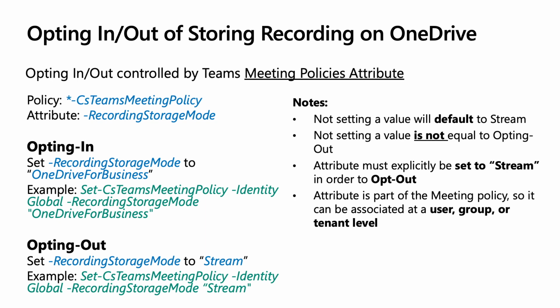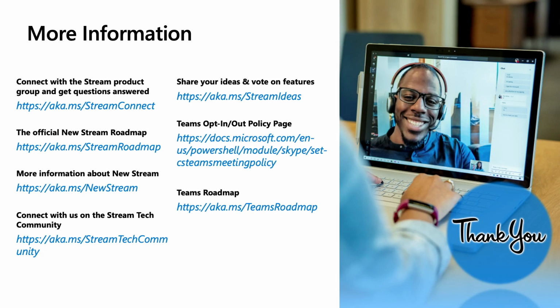If you do not want to have your recordings automatically move to OneDrive for Business during the opt-out phase, you need to make sure that recording storage mode is explicitly set to Stream. Now, just like any other attribute within the Teams meeting policy, you can set this at the user level, group level, or tenant level.